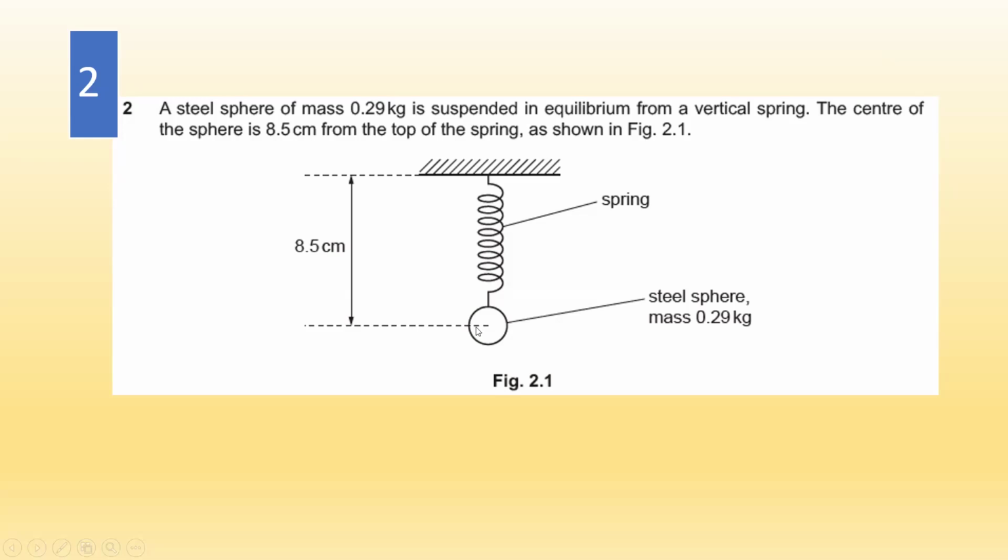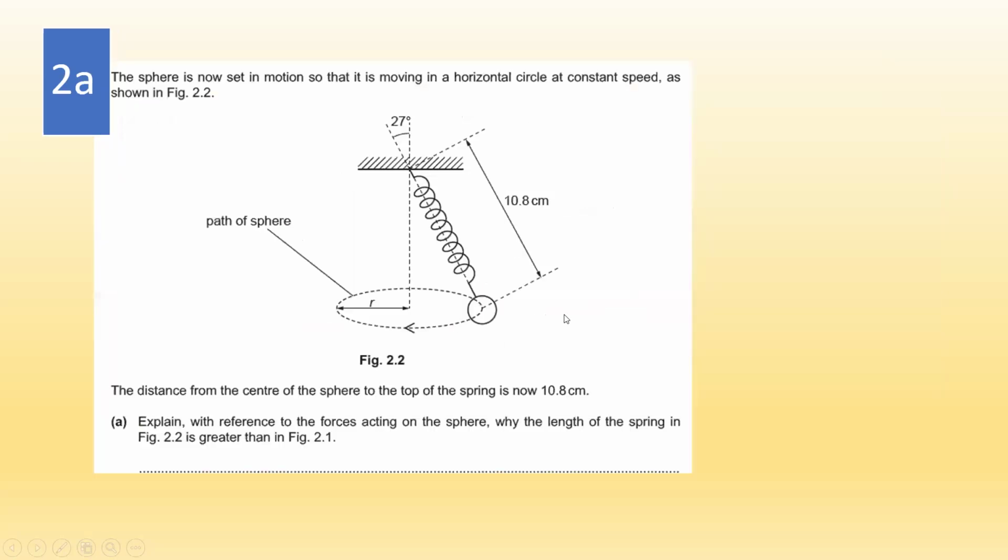A steel sphere of mass 0.29 kilogram is suspended in equilibrium from a vertical spring. The center of the sphere is 8.5 cm from the top of the spring, as shown in the figure. The spring is now set in motion so that it's moving in a horizontal circle at a constant speed as shown in figure 2.2.